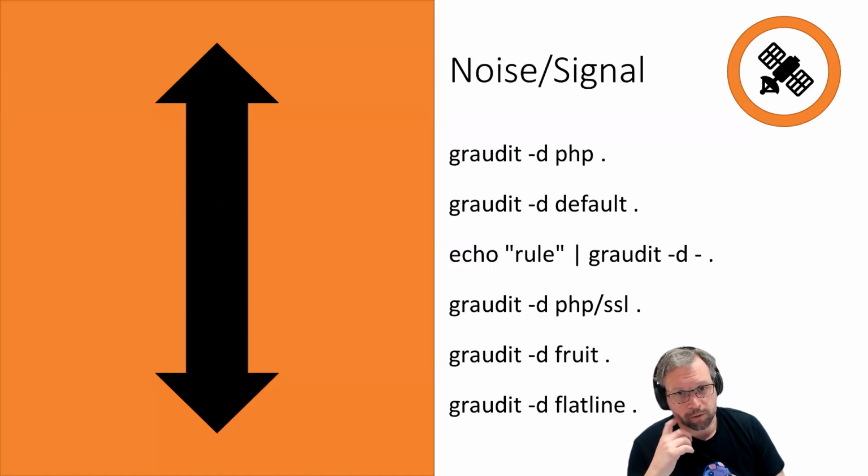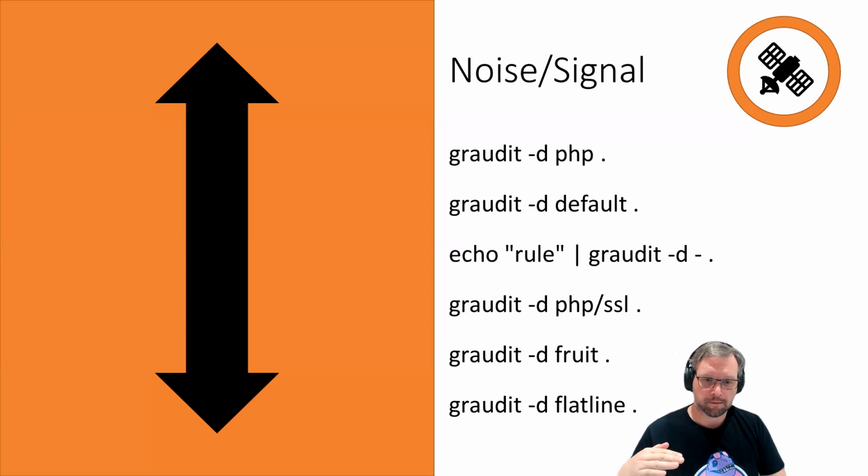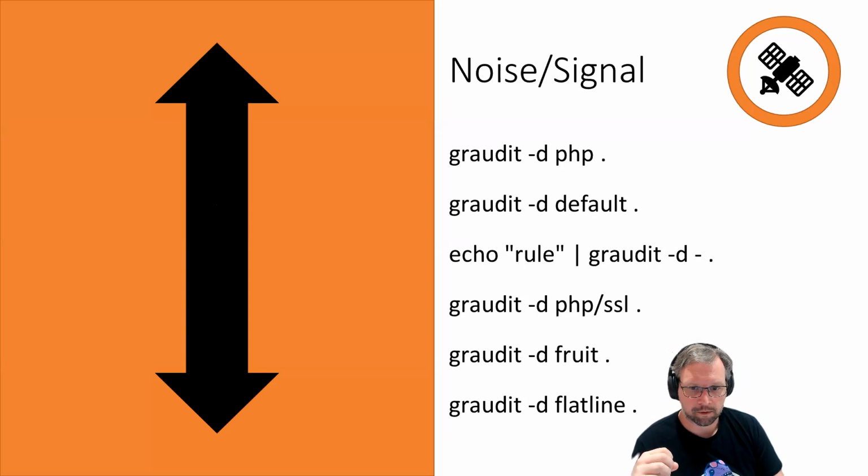And I use this for Crawdit as well. I maintain multiple different databases. At the bottom, there's a lot of Crawdit flatline and Crawdit fruit that have low noise ratios, where usually what it spits out is likely to be a vulnerability candidate, but it also limits what it looks for, and so you might have some false negatives, code that it misses.